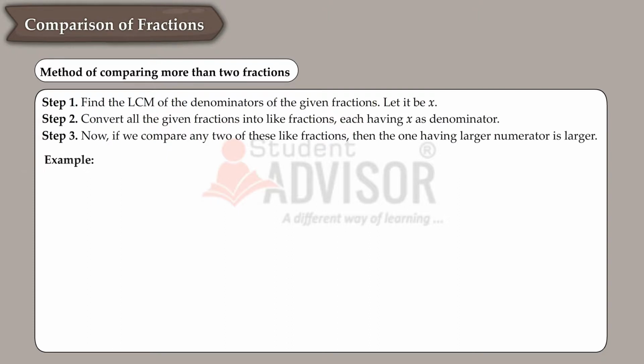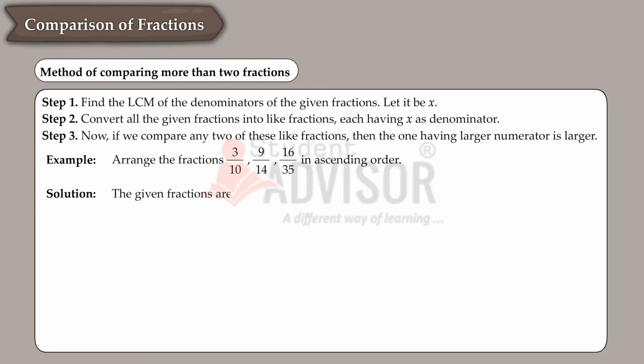Study the given example. Arrange the fractions 3 by 10, 9 by 14, 16 by 35 in ascending order. Solution. The given fractions are 3 by 10, 9 by 14, 16 by 35.